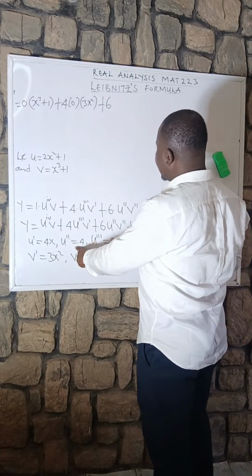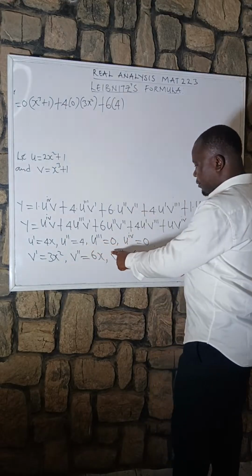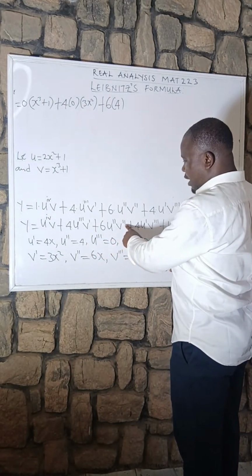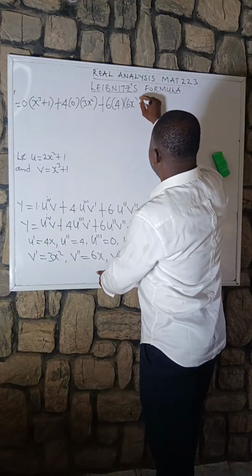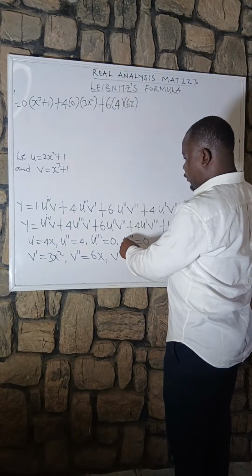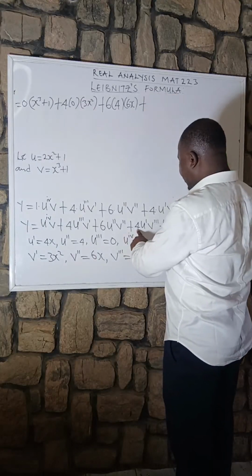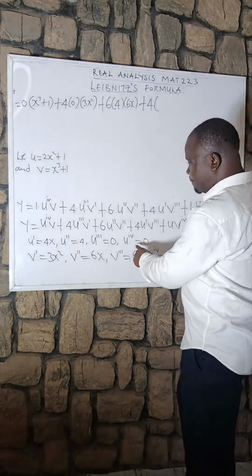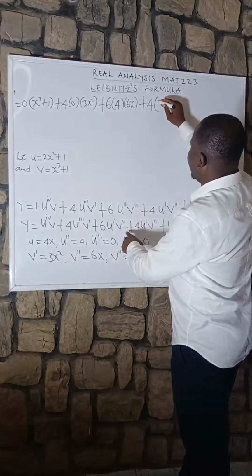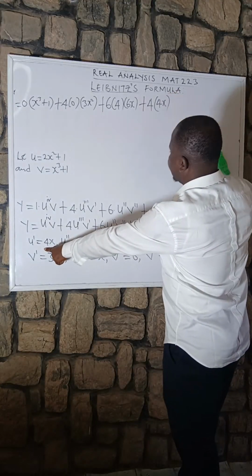U prime prime is 4, 6 times 4. Then V prime prime. V prime prime is 6x. Then plus 4 times U prime. U prime is 4x, right? Look at it here. 4x.